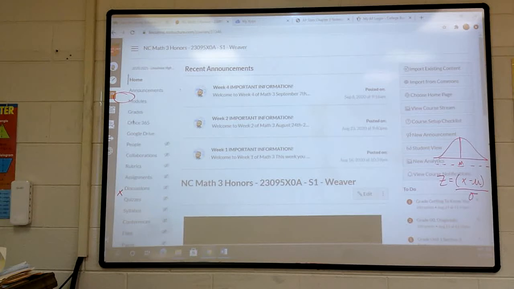So the first thing that we want to look at is a relation. So we want to talk about what is a relation and then kind of what is a function. Okay? So a relation is a set of ordered pairs. That is a relation.